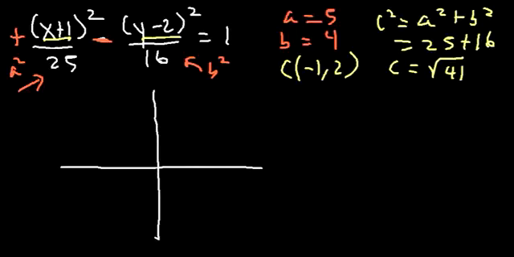So let's plot the center first. It's at -1, +2, so it's over here. Now, a is under the x variable, so we need to go 5 units to the left and 5 units to the right.